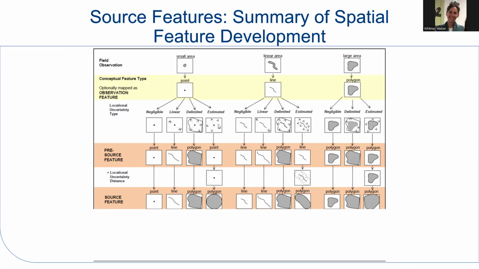And so it automatically is estimated because that 20 meters is then going to be applied to that entire feature. Our pre-source feature in this case is a point, and the locational uncertainty distance of 20 meters is applied to it by the system. And so the resulting source feature is a polygon.